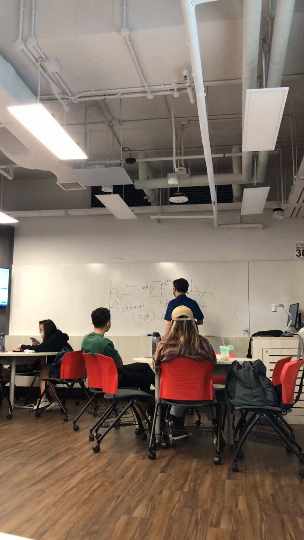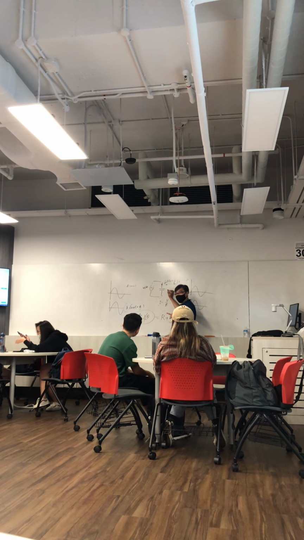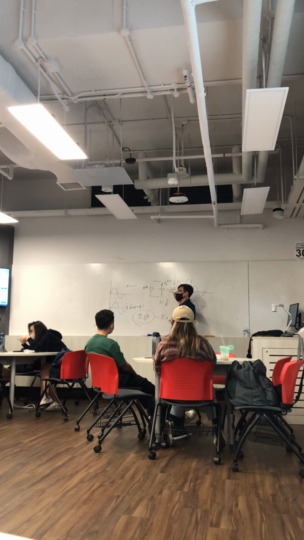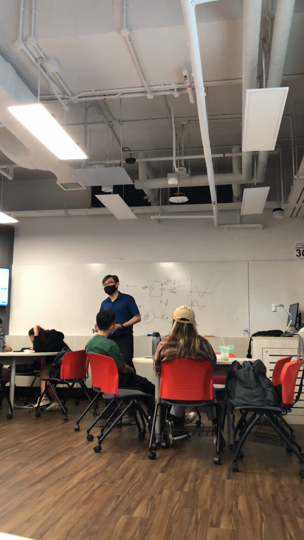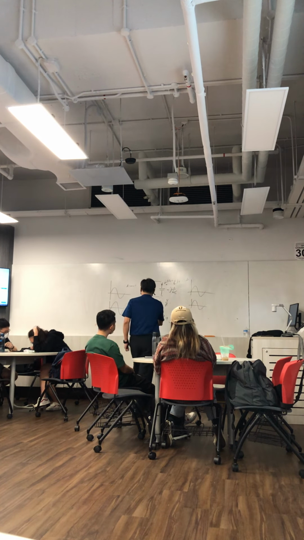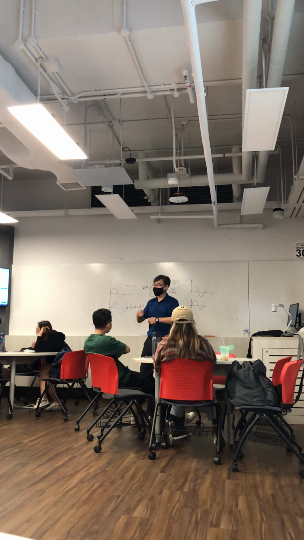That's the reason why you typically express the impedance of this as a complex number. Because of this, you can introduce phase shift and all these things. Then you have this kind of thing in the system.